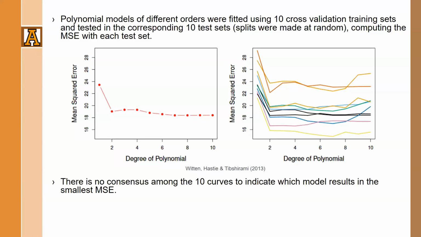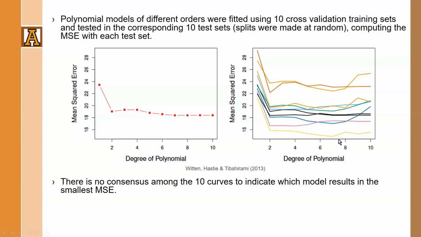There is no consensus among the 10 curves about which is the best model, but there seems to be some consensus that polynomial degree 1 is the worst, because the mean square error is the largest in all these cases, whereas second degree polynomials seem to give better results.